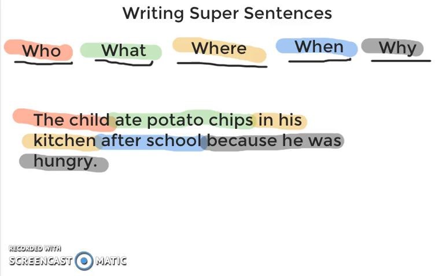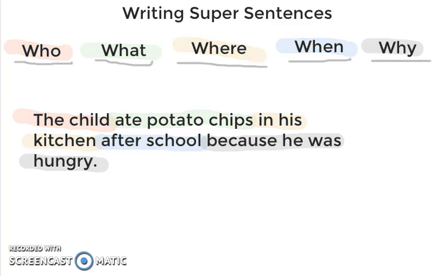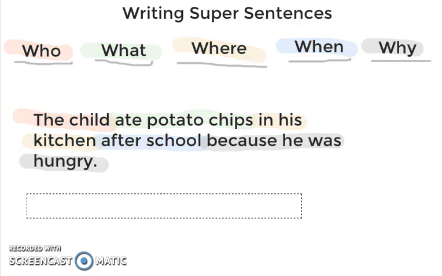And now that we've identified the different parts of a super sentence and seen it in context, we're going to write a super sentence today. So first we need the who or the subject, and it can be a relative, it can be a name. So I'm just going to use a relative, my mother. And then I need a what.